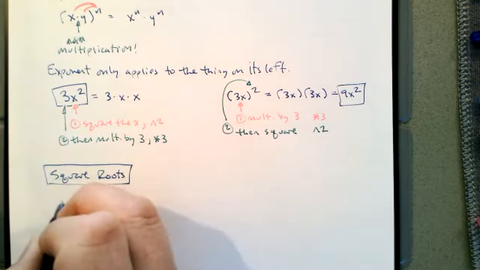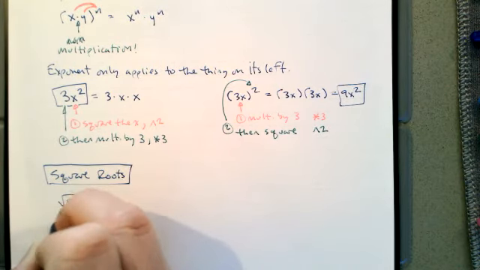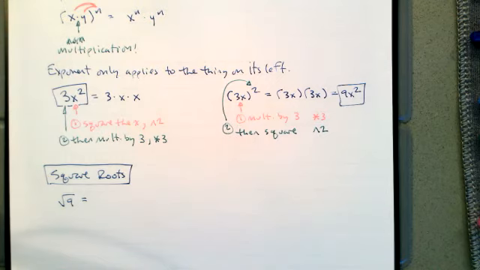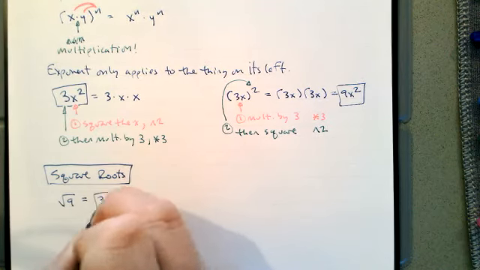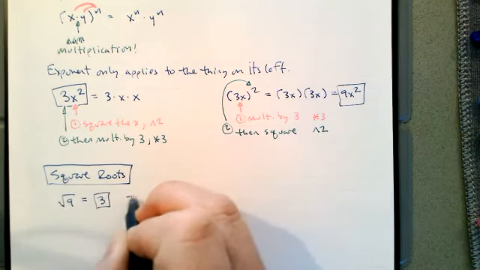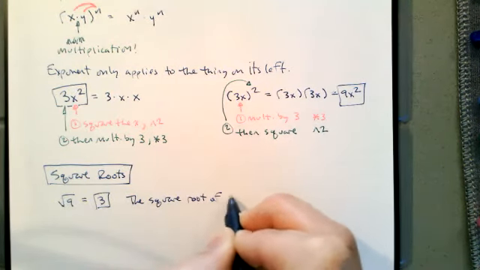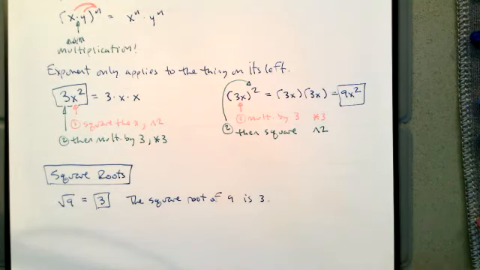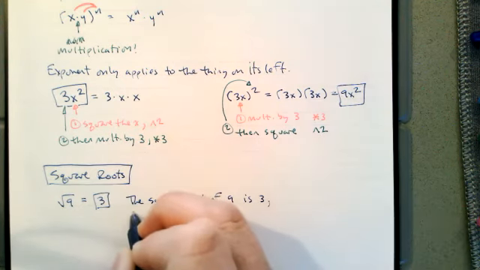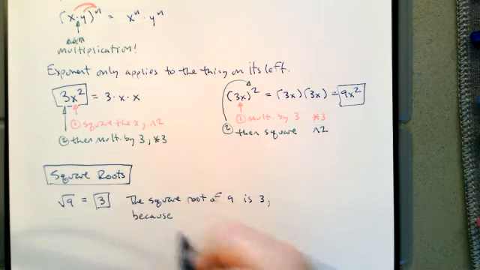If I asked y'all, type in the chat, what is the square root of 9? Awesome. 3. The square root of 9 is equal to 3. Why is that? What do we do to 3 to turn it into a 9? Three times 3, or 3 squared.